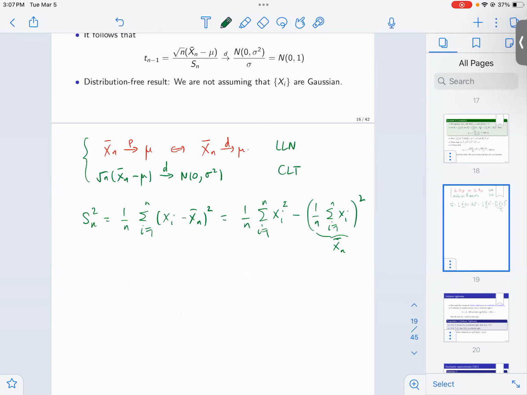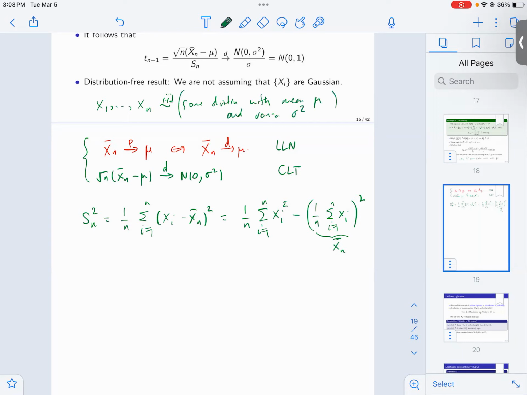The guess is that this converges to the variance in probability or distribution, that is, it's consistent for the variance. The Xi are IID from some distribution with mean mu and variance sigma squared.